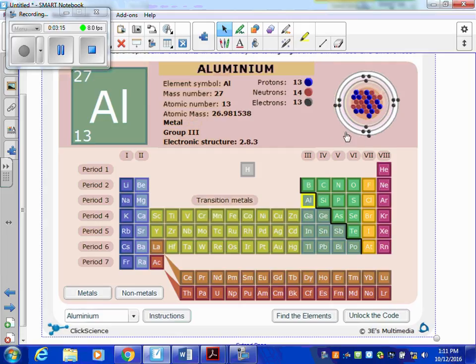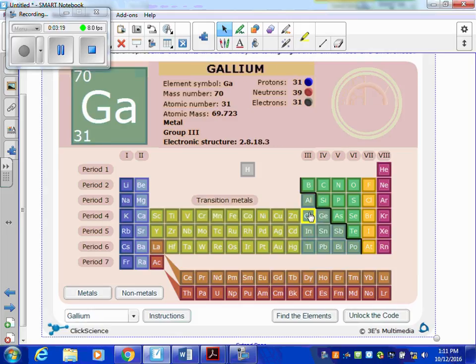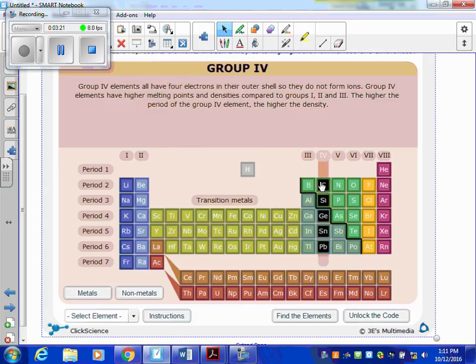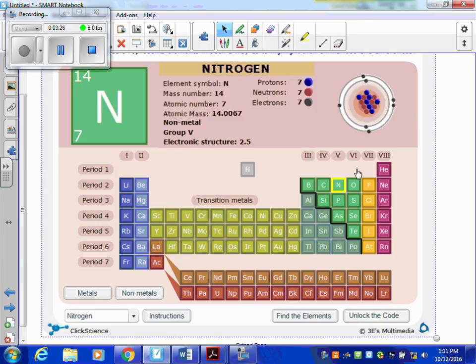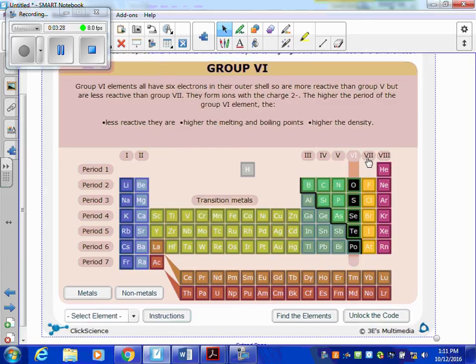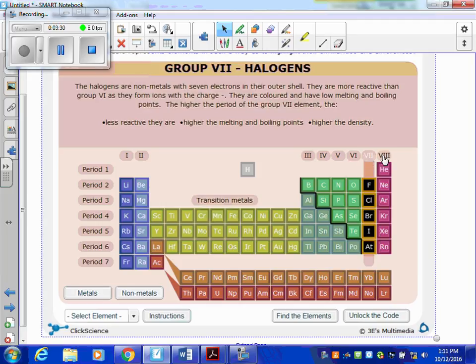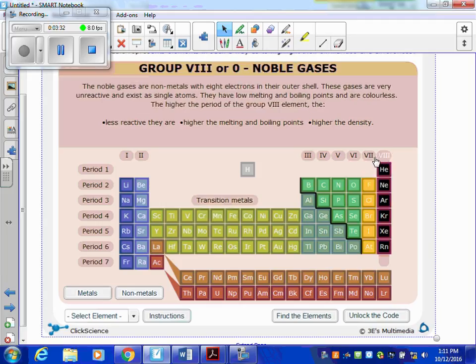Aluminum, 1, 2, 3. I wish they showed those. Group 4, 4 electrons in the outer shell. Group 5, 5 electrons in the outer shell, 6 electrons in the outer shell, 7 and 8 electrons in the outer shell. By the way, this family is a popular one right here.